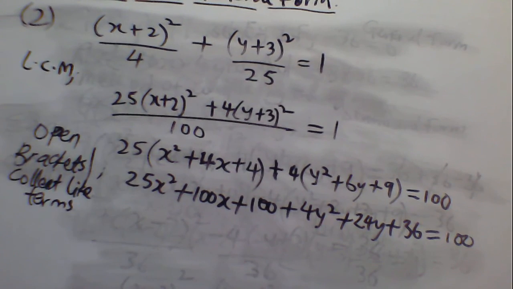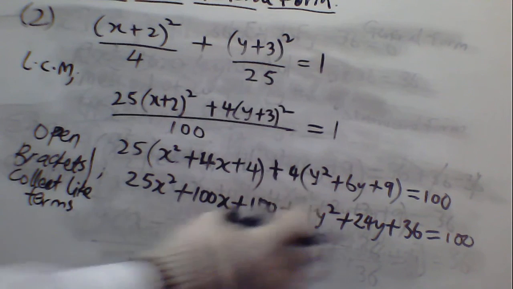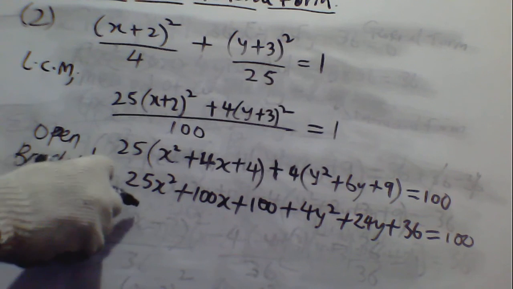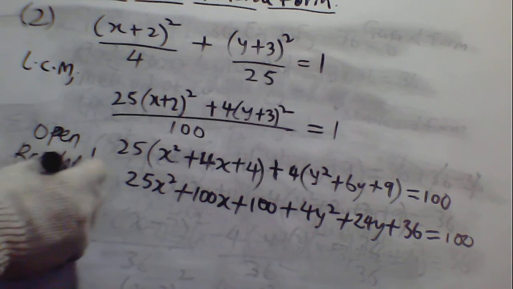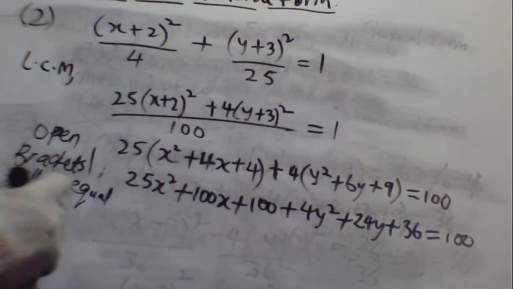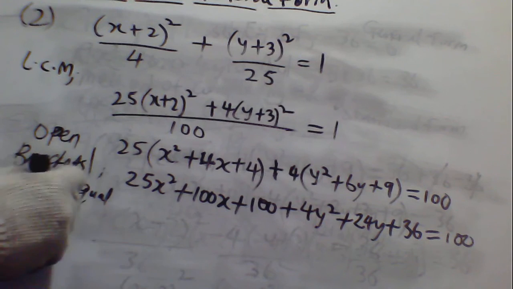So once we have done that, you collect items. You collect equal powers together. Even if you do it this way, it's the same. Once you have expanded it, you have gotten the solution.